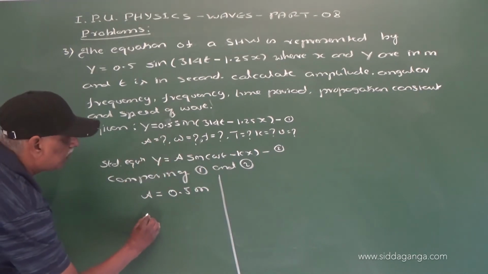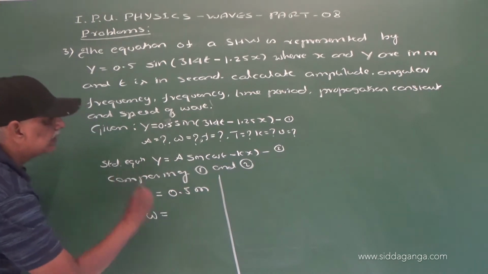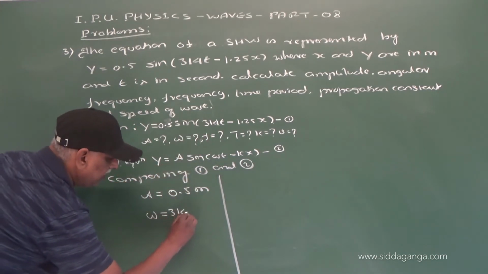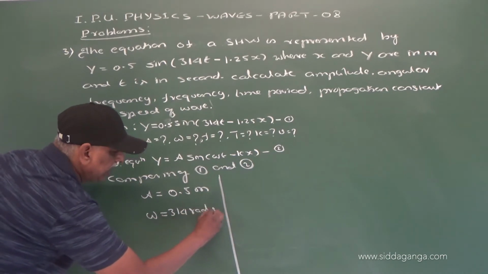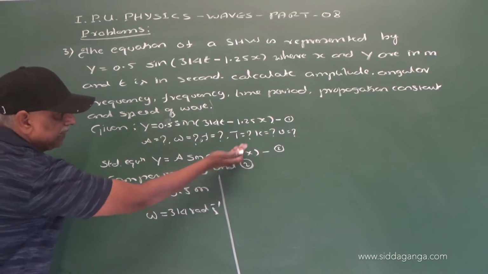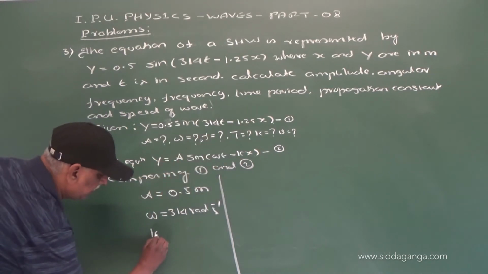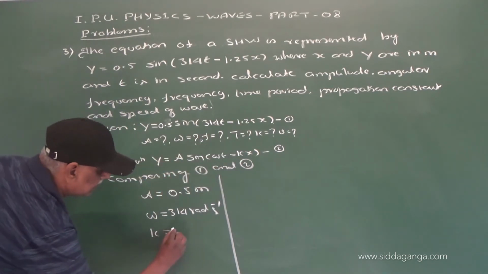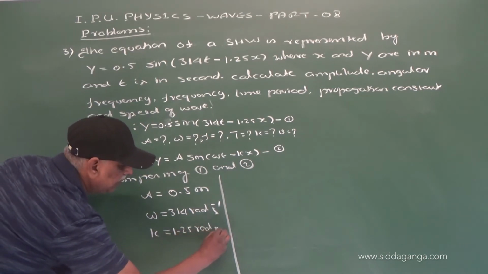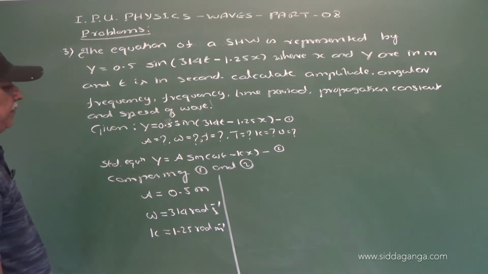Now omega is equal to 314 radian per second. Now k, that is propagation constant, is equal to 1.25 radian per meter.